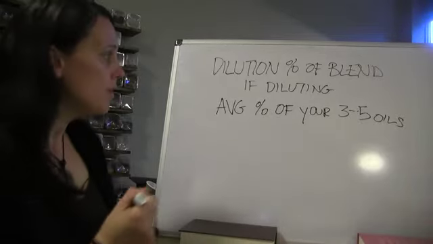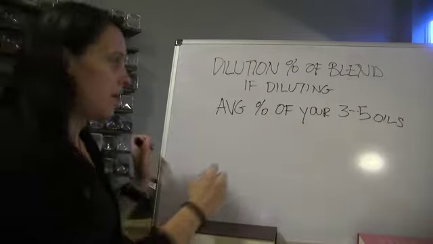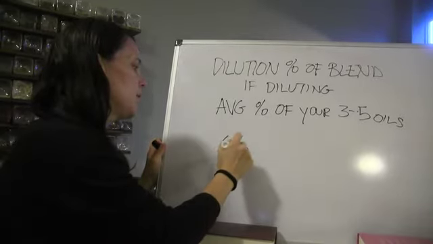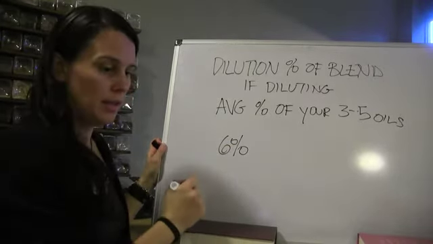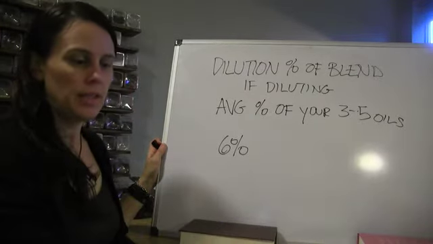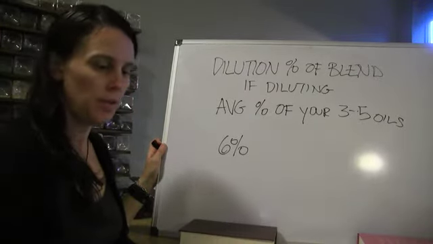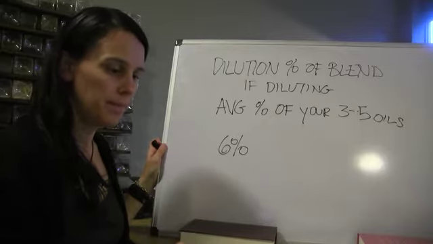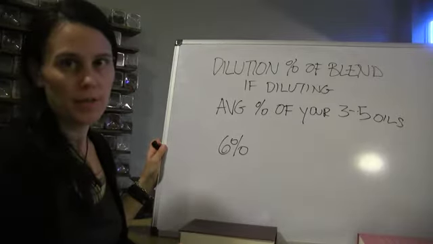And then also an easy way to do it, 6% is almost always safe. It's easy math-wise, as you'll see when we do the example. And so that's a way to go too.